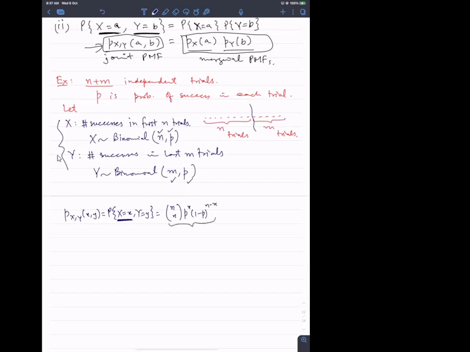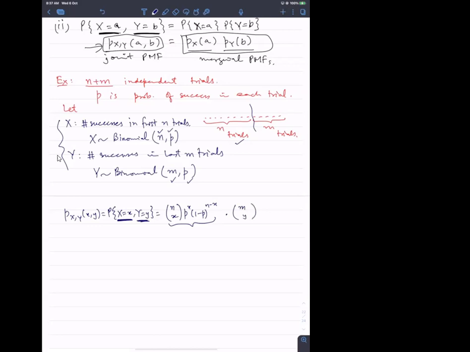This is the probability that पहले n trials में आपके पास x successes आ जाते हैं. And then आखिरी वाले m trials में आपके पास small y successes आ जाएंगे.